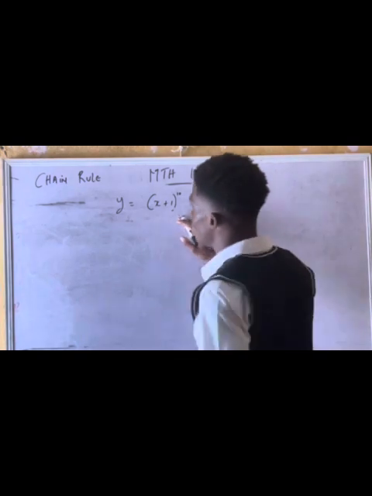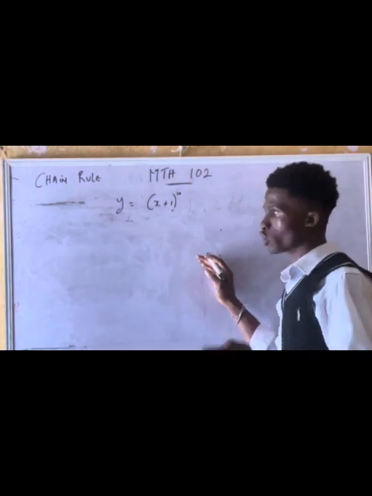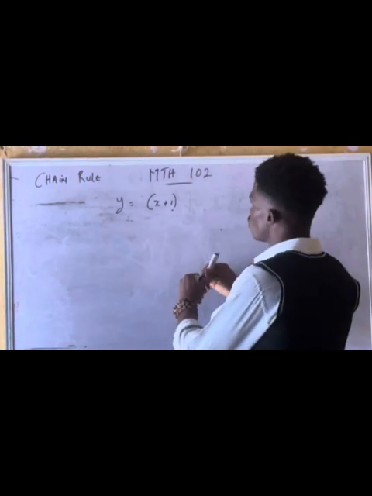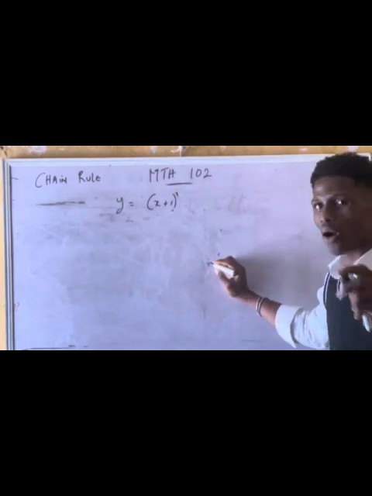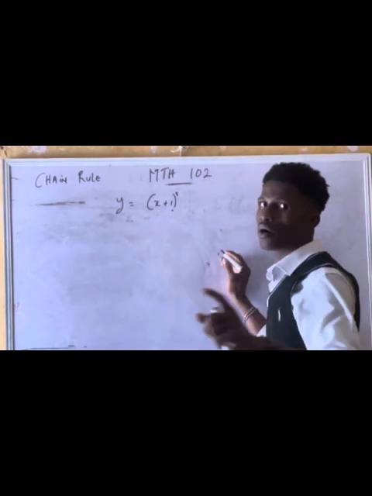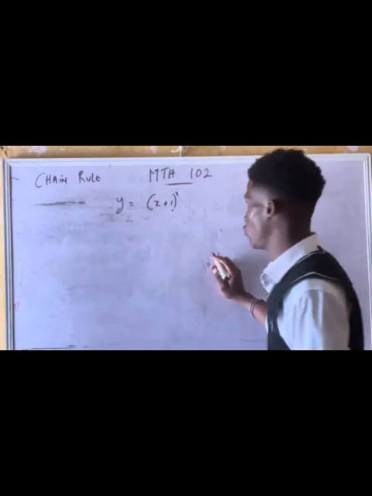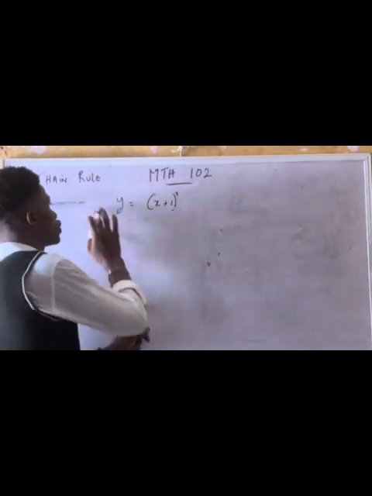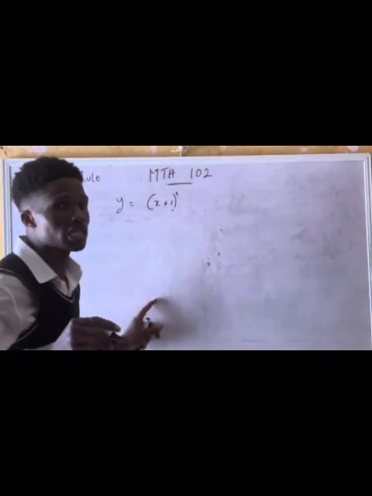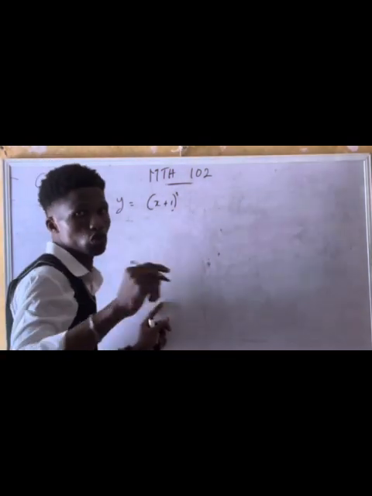Okay. Now, I will teach you how to solve using chain rule. But first of all, let me show you that you can also solve this problem using what? The power rule. And before you can solve this problem using the power rule, you need to expand first of all. See, I'm trying to link everything so that you know that if we use chain rule to solve this, the same answer we will get if we also use power rule to solve this.